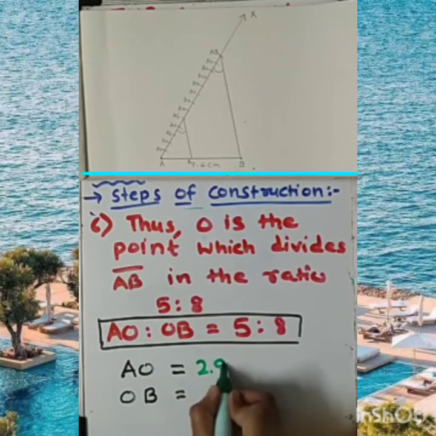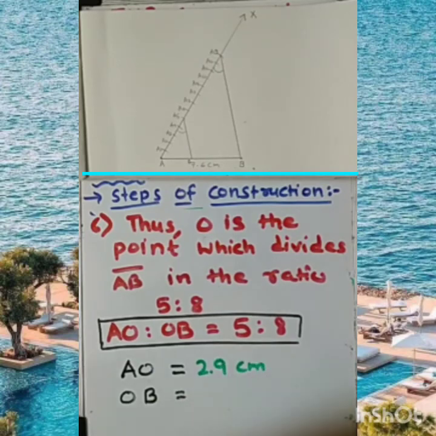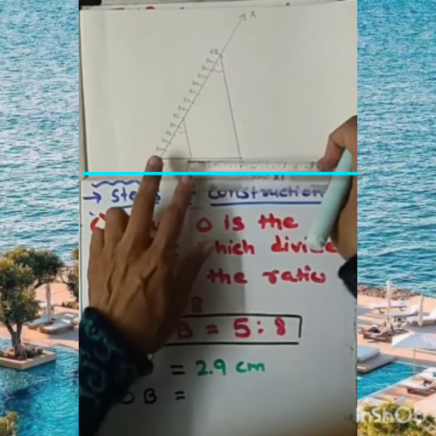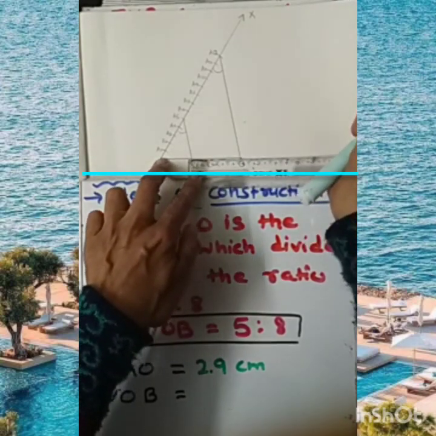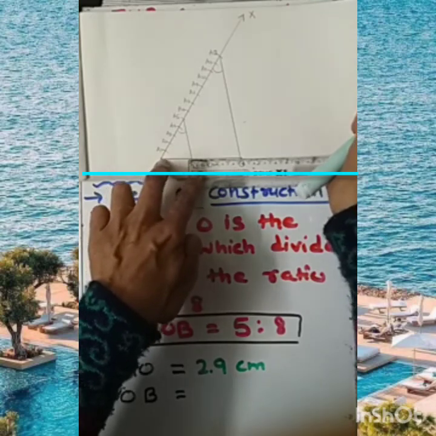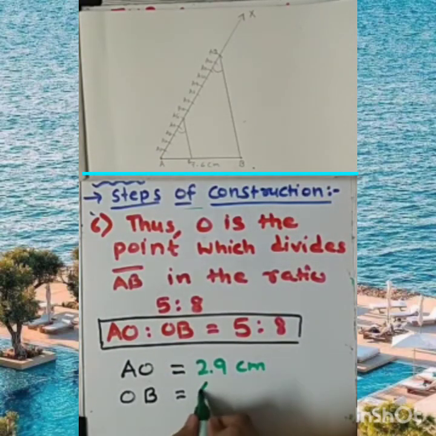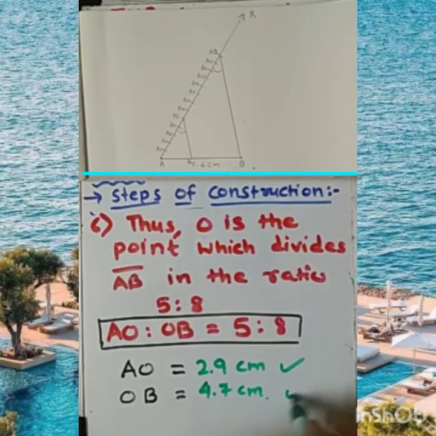So I am mentioning this is 2.9 centimeter. And of course, from here to here, if I measure, that is coming 4.7 centimeter. That is also a needful answer to mention. I hope it's clear to you how to go through the steps of construction.